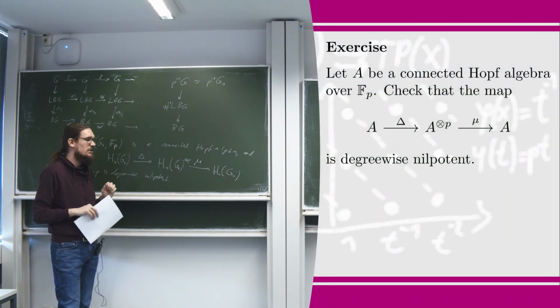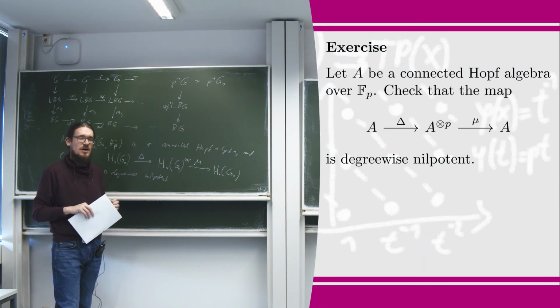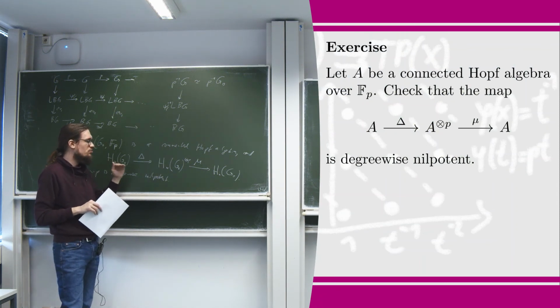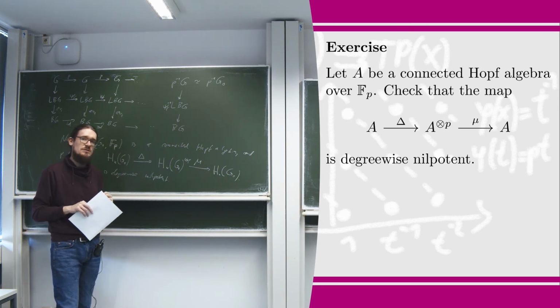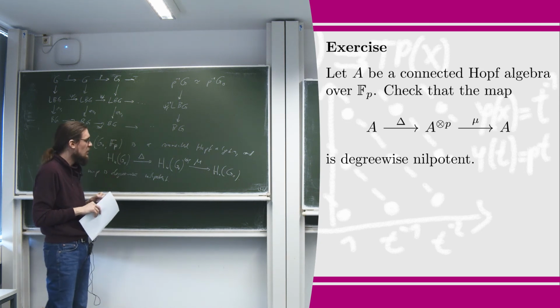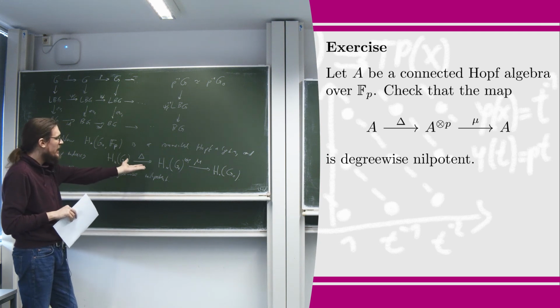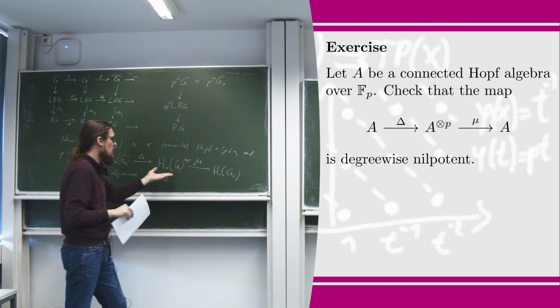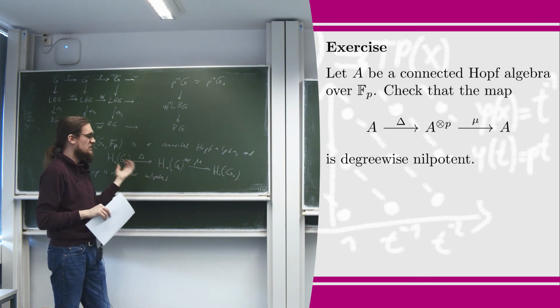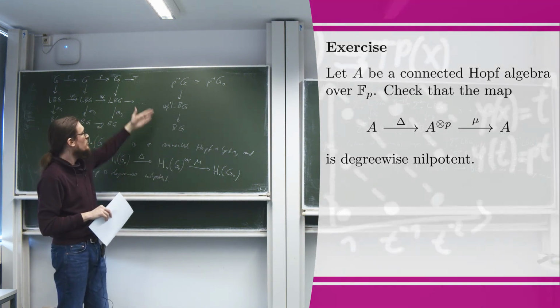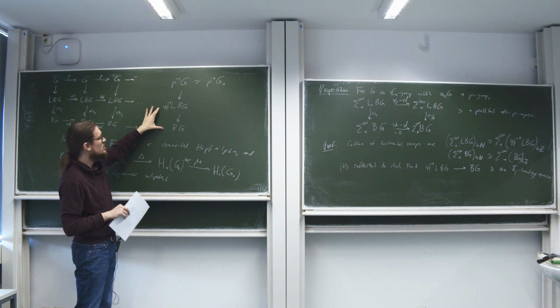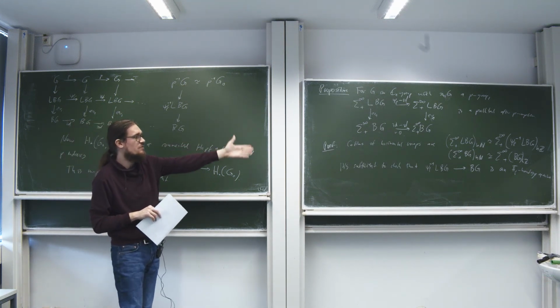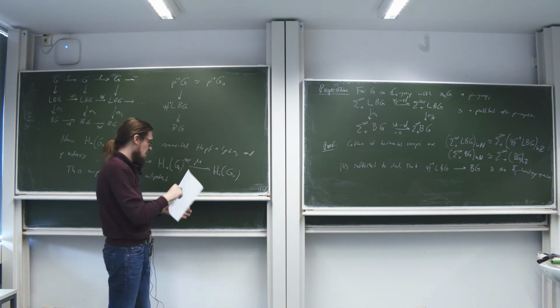You have to play around a little bit with Hopf algebras, but it's not too hard. Try to proceed by induction on degrees to see what's going on. Using this fact, you see that taking the filtered colimit of these maps gives you something with zero homology. And so by the Serre spectral sequence, this map was an equivalence in FP homology, and then what we said over here implies the claim.